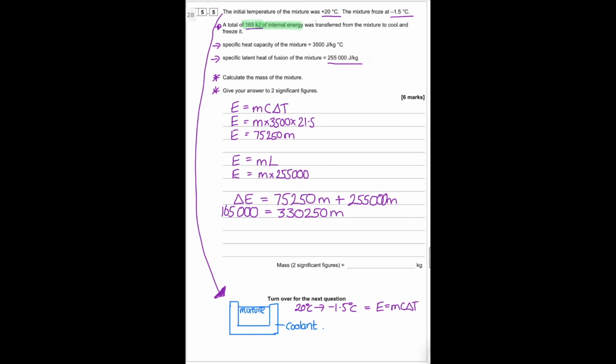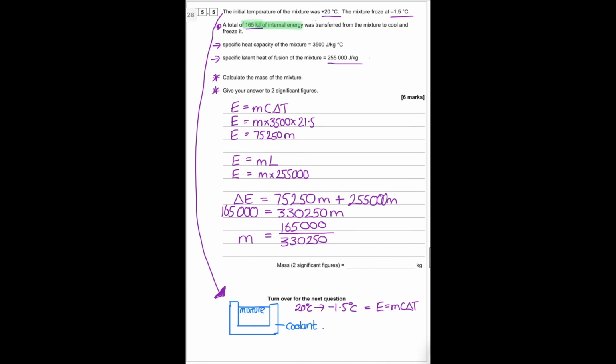And then if we rearrange that, our mass is going to be 165,000 divided by 330,250.